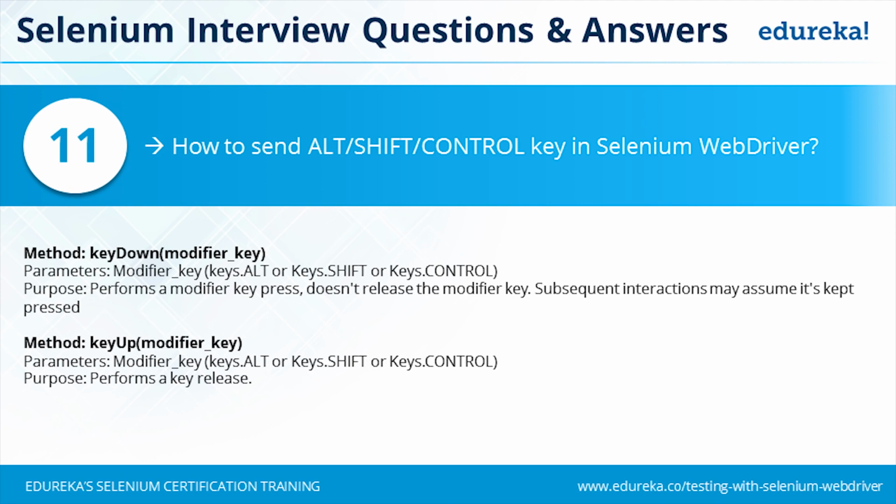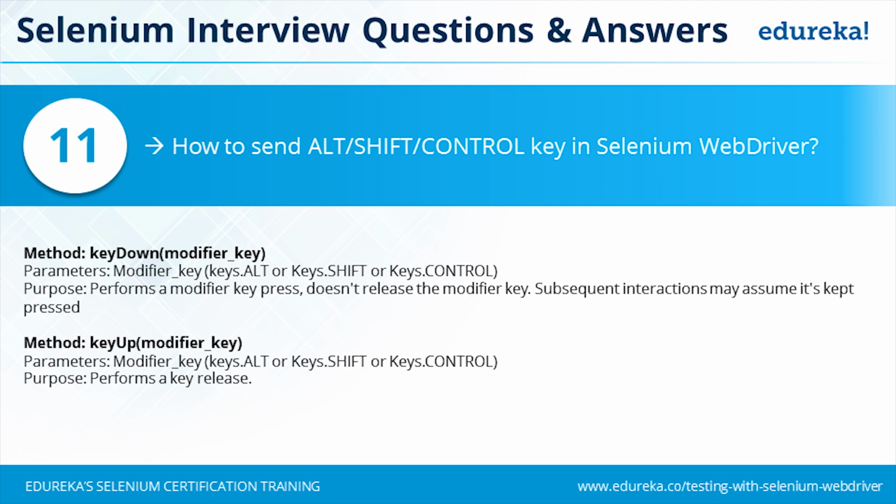Then I say that I want to type in my own name, that is SANKET. So it will assume that the Shift key is pressed, and each of these letters of SANKET will be typed in uppercase. Why? Because I have just used the keyDown method. I didn't use the keyUp method.